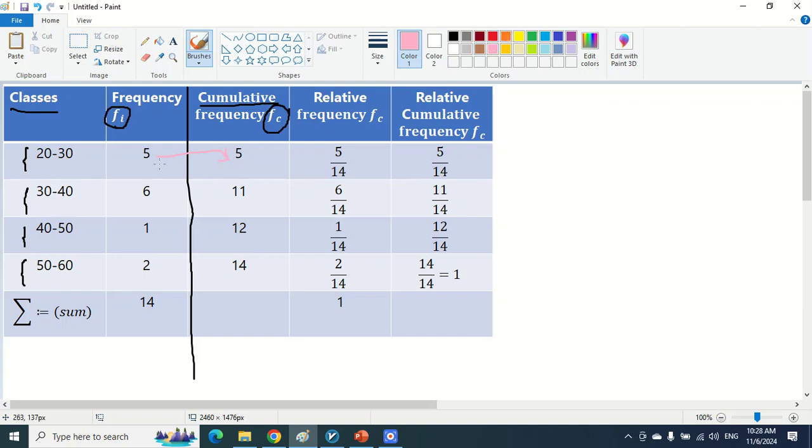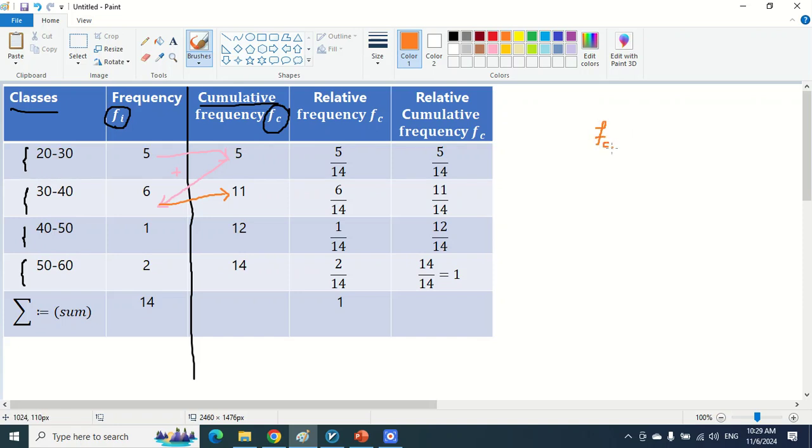As you can see, they are both the same. For the next one, we add 5 and 6 and it becomes 11.